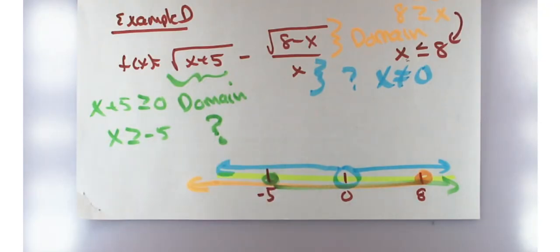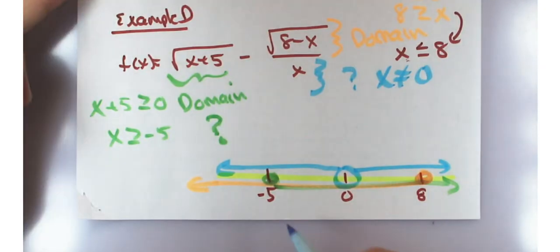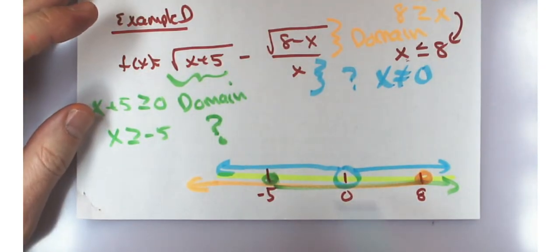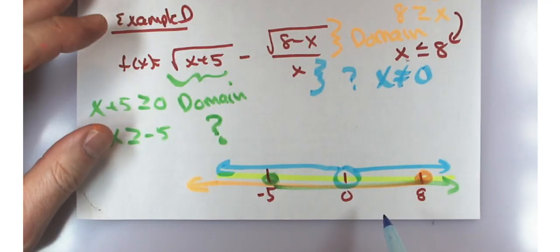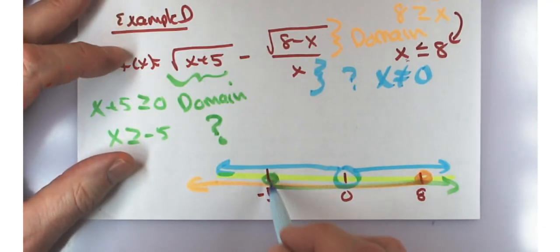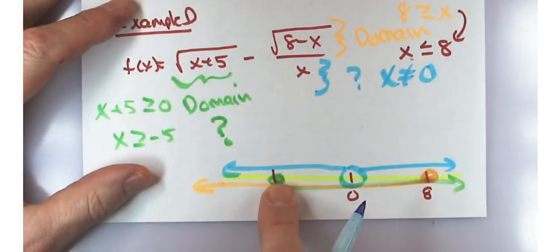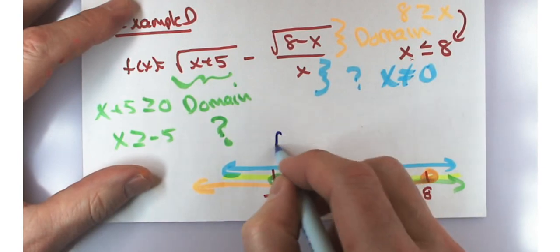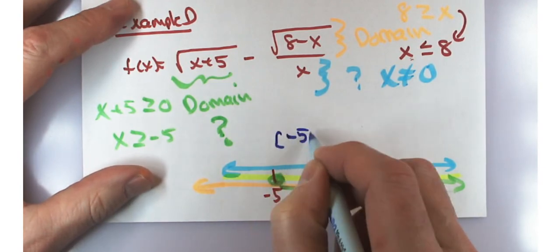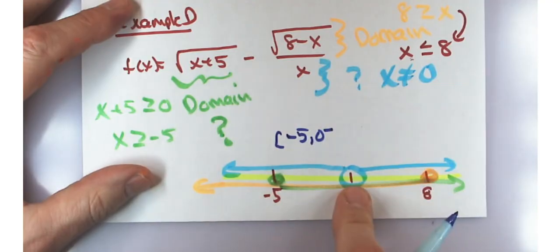Well, let's see here. Where do you see them overlapping? Do they overlap here at -5? Yeah, they overlap at -5. -5 to 0. Is 0 going to get a bracket or parenthesis?